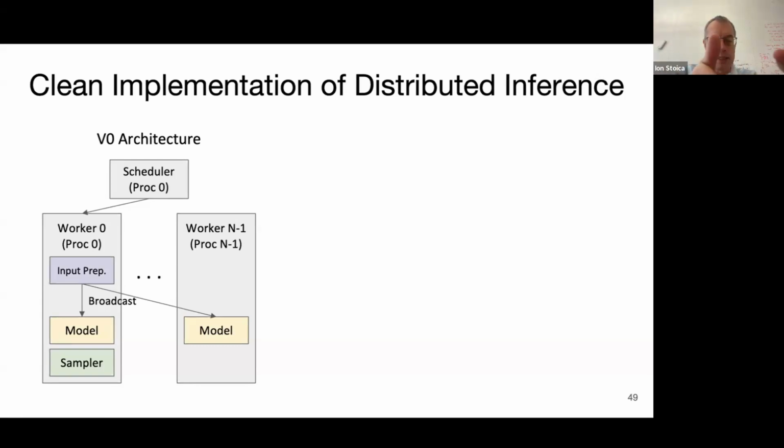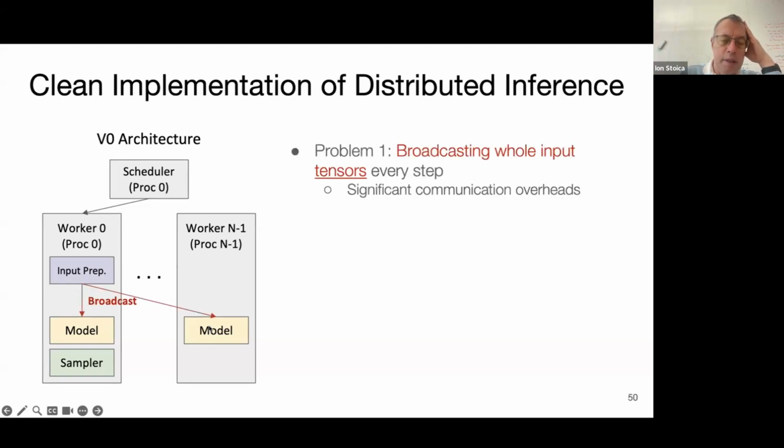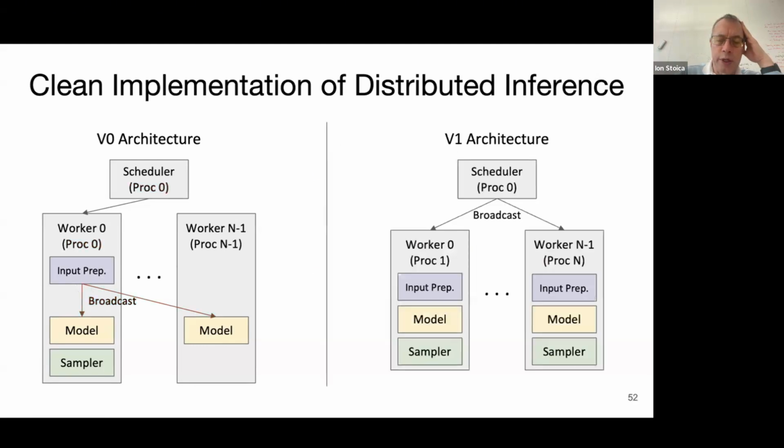You can think of each worker as a GPU, and it has different stages. In the previous implementation, if you have a model which runs on multiple GPUs, you have to broadcast the whole input tensors to every step. So we got rid of that.